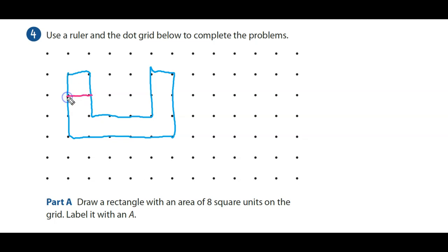So I'm going to go here, here, here, here, and I'm making a square by connecting the dots. What would be the area for that? How many? Now let's see. 1, 2, 3, 4, 5, 6, 7, 8, 9.